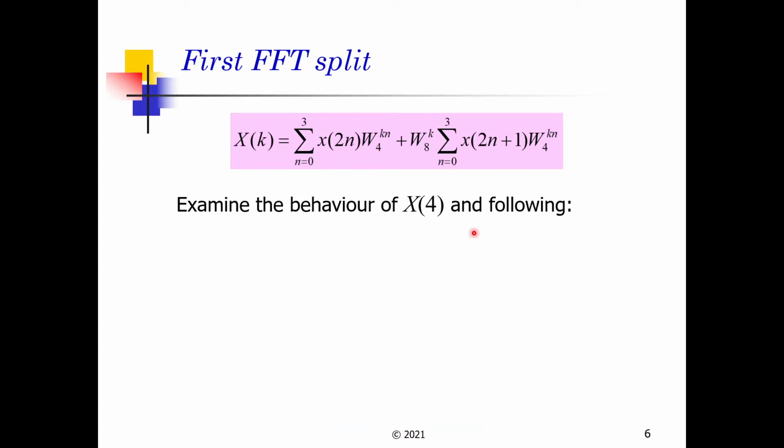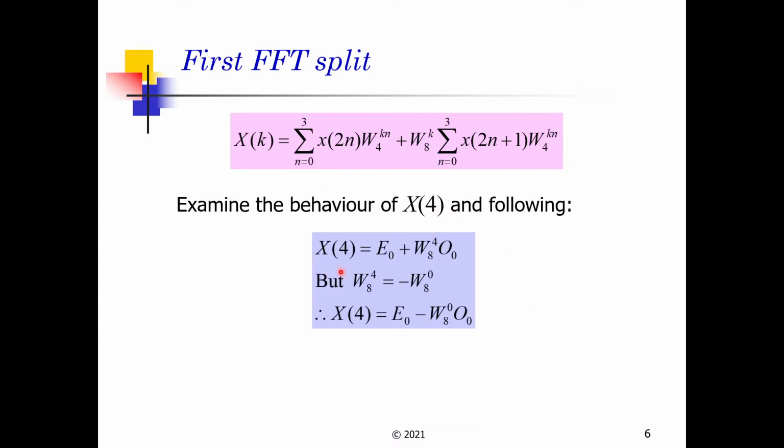So let's examine the behavior of x4 in particular. Remember that we have W4 of 8 here, but it's possible to represent this using half of the total factors here by using the symmetric property. So that means that for everything that was W4, W5, W6, we can now map this back to W0, W1, W2, W3, but it's going to be the negative counterparts instead.